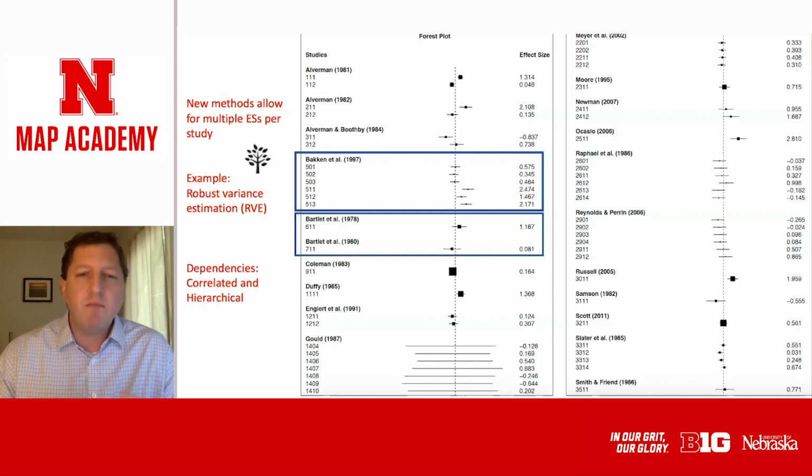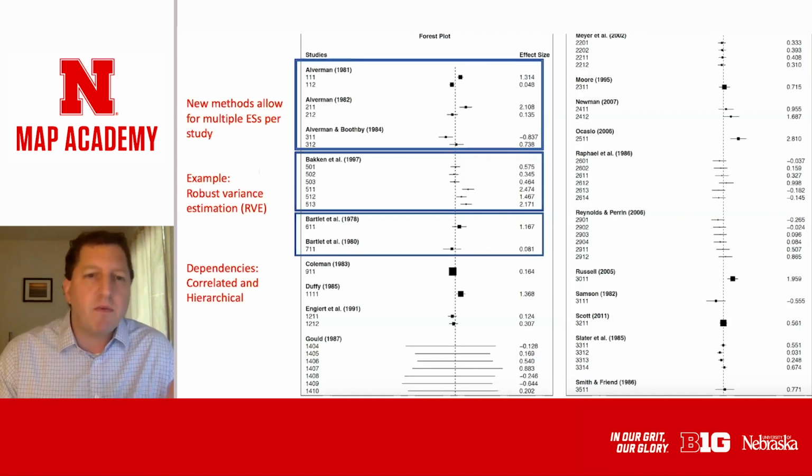So this would be more like the hierarchical dependencies case, where you may not have the same sample, and may have a different method or different context, but because you're working with the same researchers, there may be some dependency. So these effects might be nested within this research lab. That's the hierarchical case.